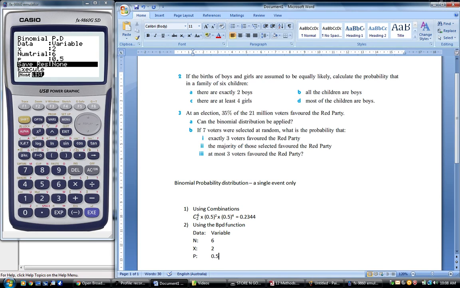Okay, and the result that we get, the probability equals 0.2344. These are exactly the same because you've basically done exactly the same thing. So that is how we use the BPD function in the first instance.